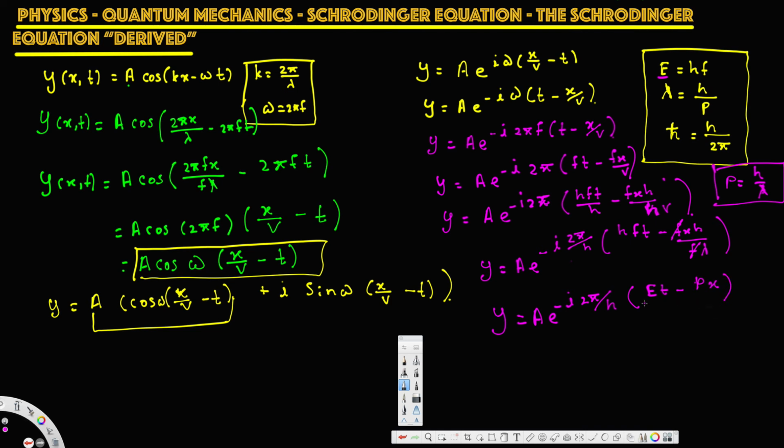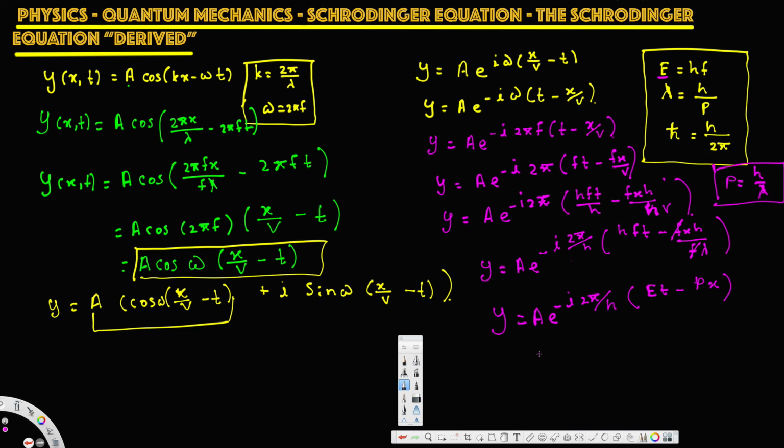So in the final answer, we want the equation to be a function of energy, a function of momentum, and time and position dependent. That's what we have right now, so we are almost done. And the final thing we can do is, h bar is equal to h over 2 pi, but here we have the reciprocal, 2 pi over h.